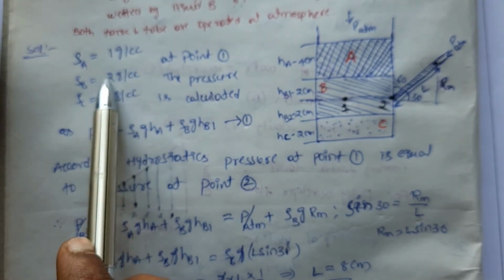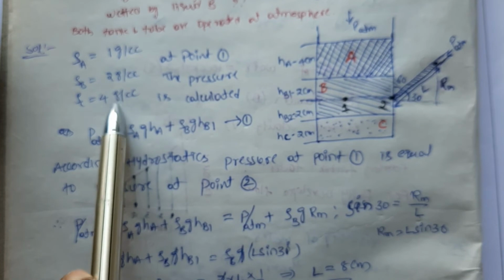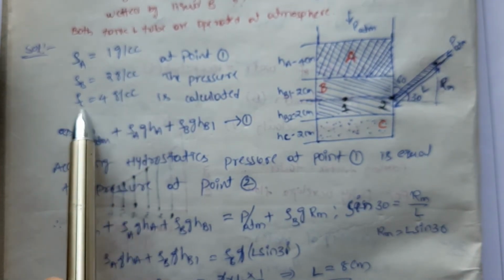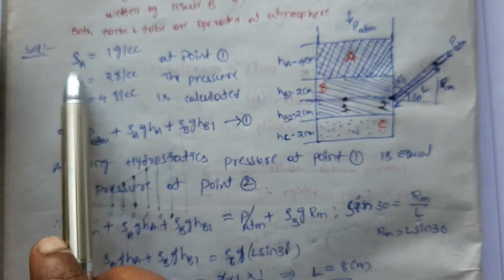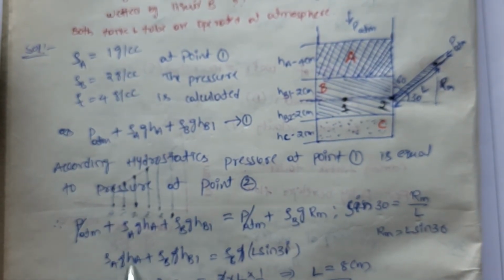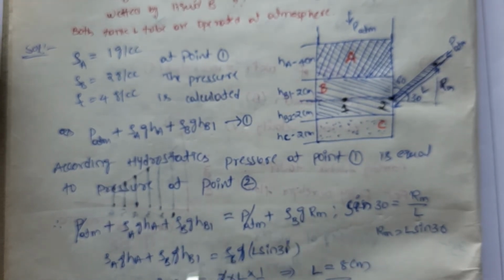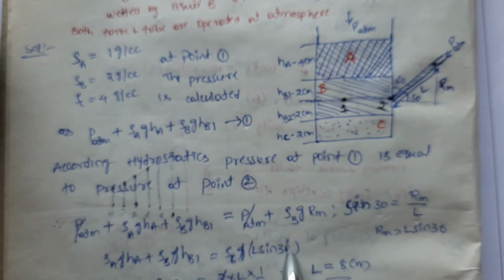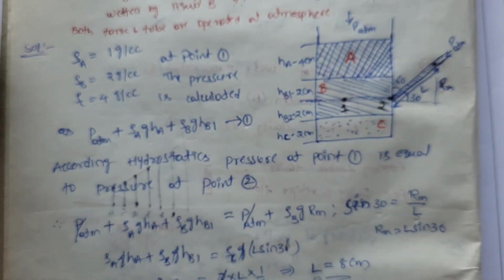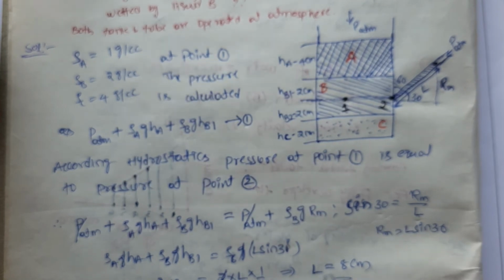By multiplying, we will get 1 gram per cc for A, 2 gram per cc for B and 4 gram per cc for C. So by substituting rho A, HA, rho B, HB1 equal to rho B L sin 30 degrees, right? So by substituting the corresponding values and calculating, we will get L equal to 8 centimeters.